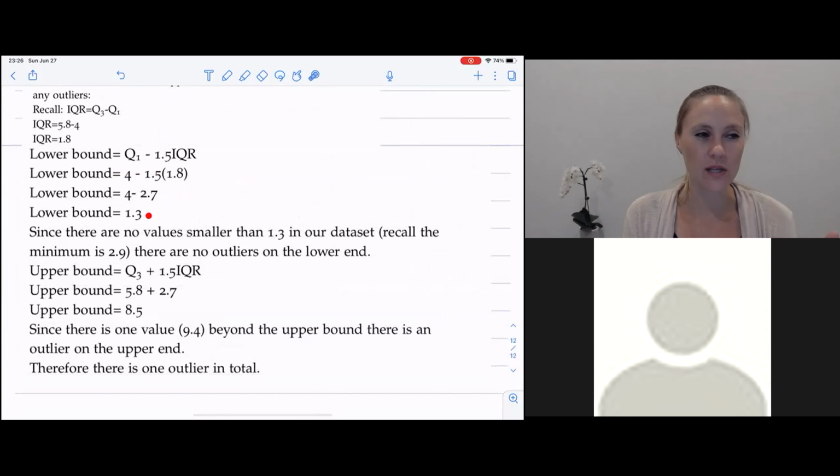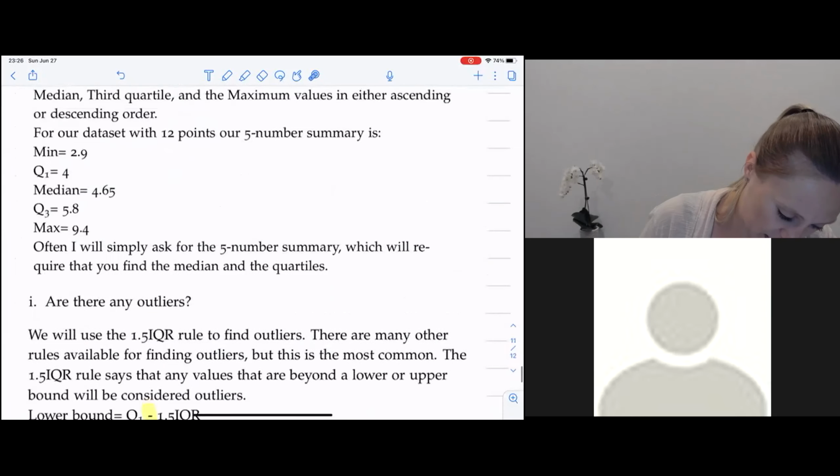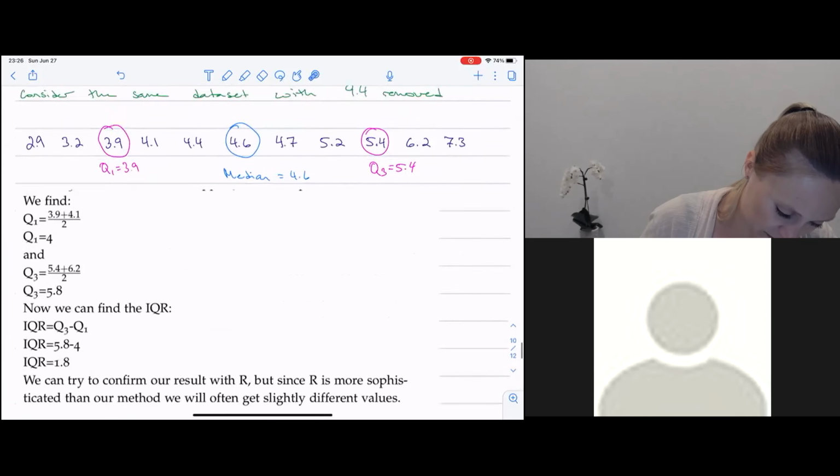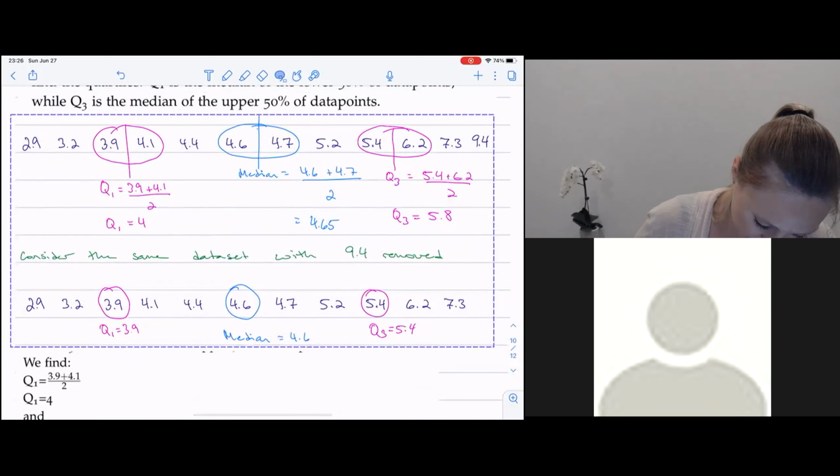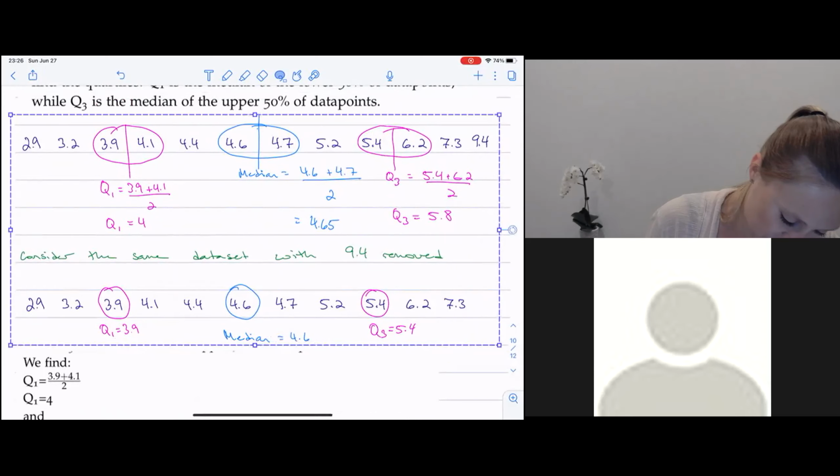So what you're going to do is go to the data set and have a look. Draw 1.3 on there. I'm going to grab it here and build on this.